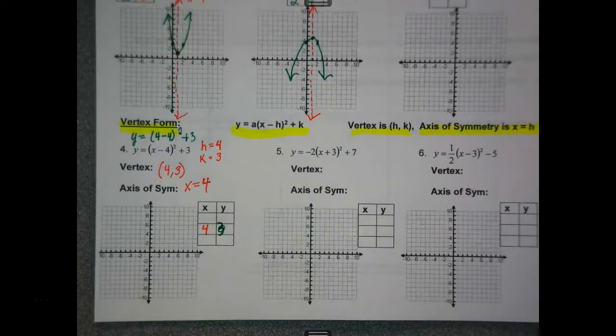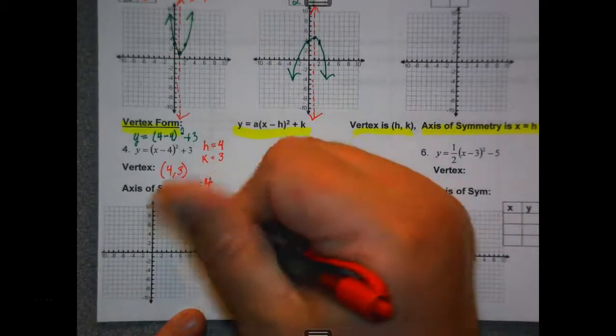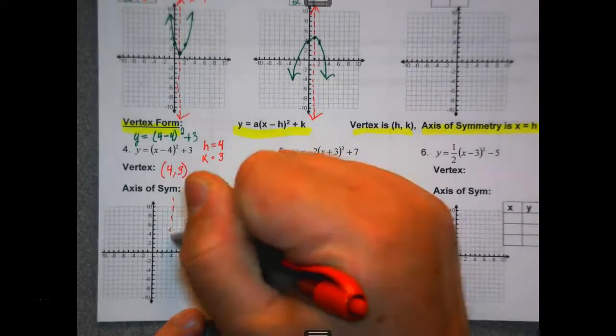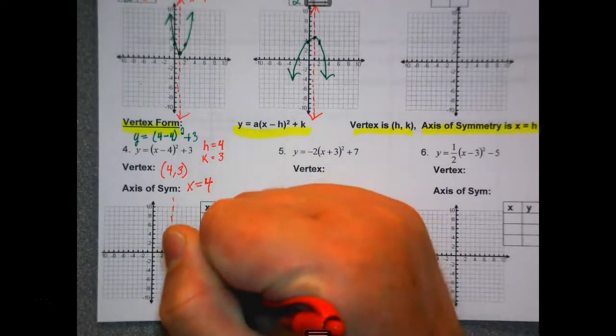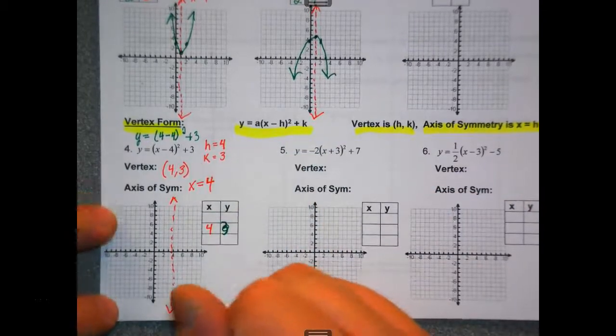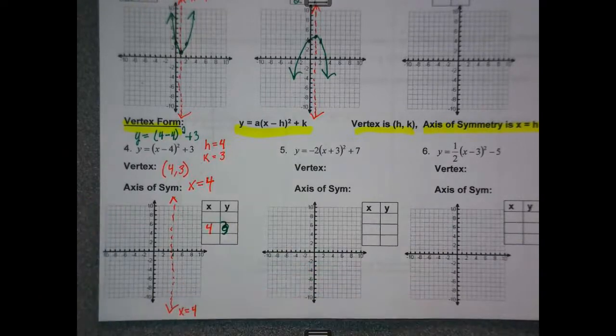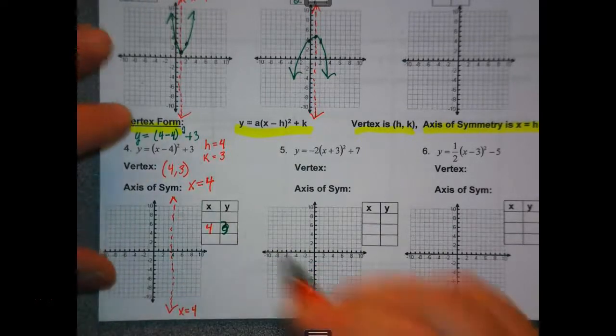Yeah, we already had that with the vertex, right? So my axis of symmetry is x equals 4. I do need a couple other points, something less than 4.